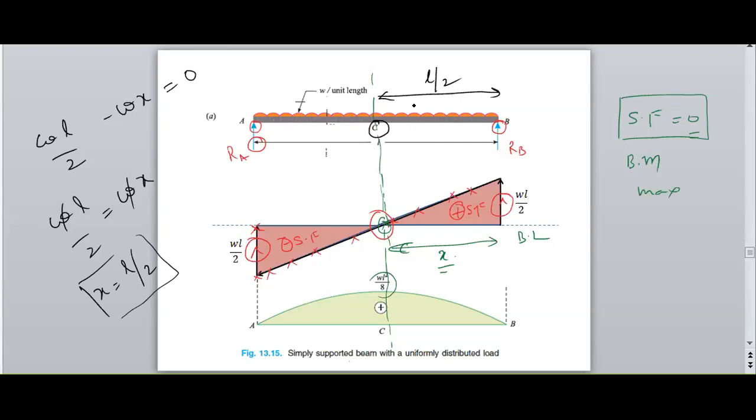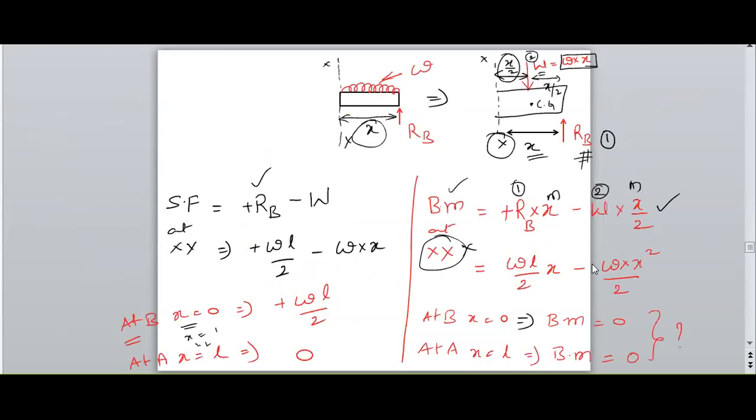Now I need to find out the bending moment at C, by using this equation and substituting X is equal to L by 2.